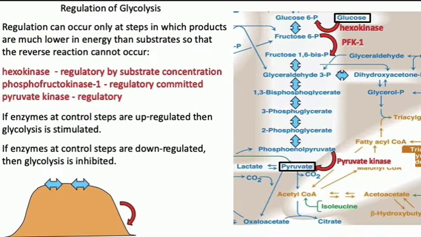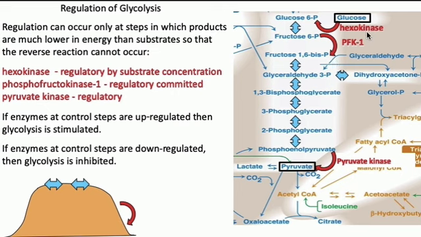Most of the steps are reversible, as indicated by these blue double-tipped arrows. Only 3 of the glycolytic enzymes catalyze irreversible steps, shown in red, and they're irreversible because they represent a big drop in energy. These 3 irreversible steps are, of course, also the regulatory steps.